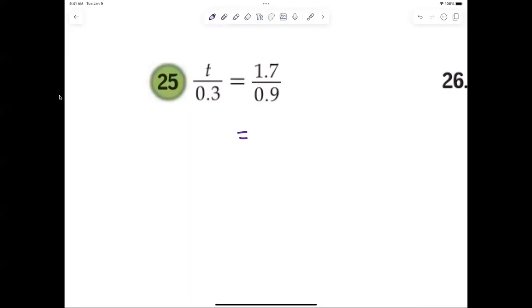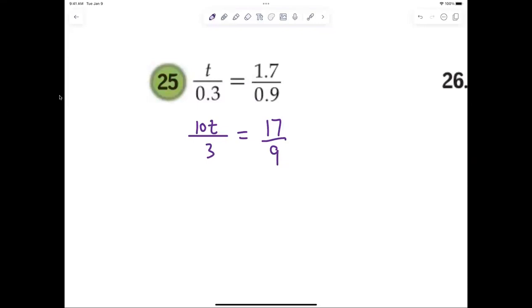Say it, come on. Over 9. 17 over 9. Now, the one on the left is going to be what? Yes, exactly. Now I did it to the right and to the left because I don't want any decimals.